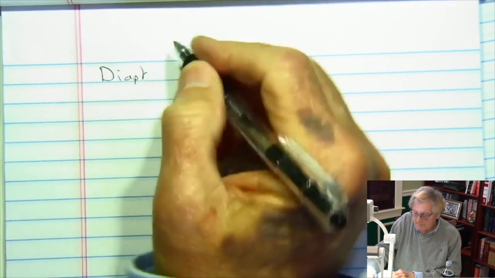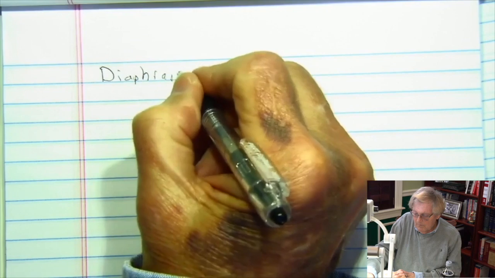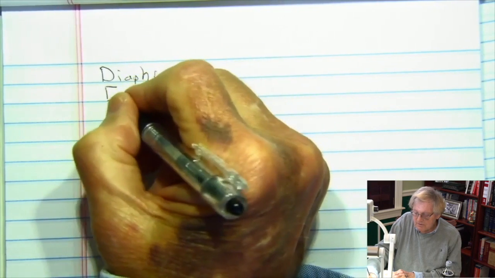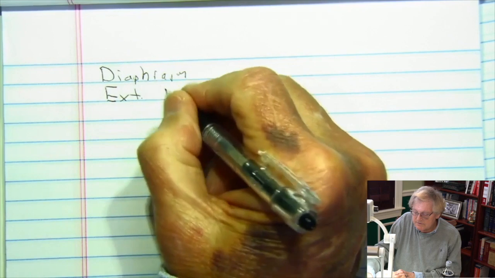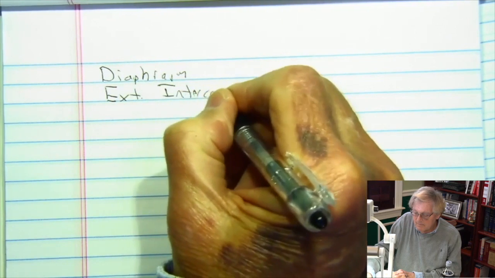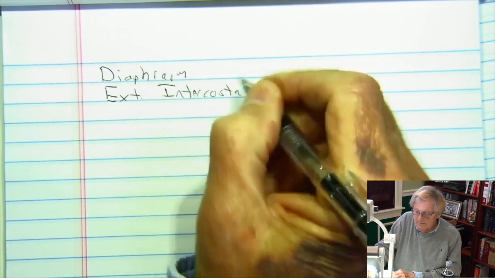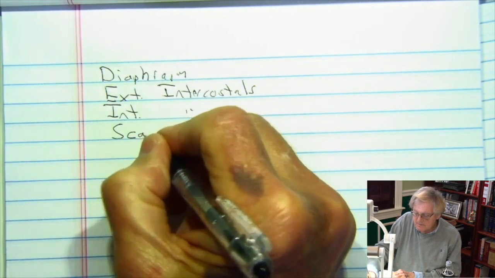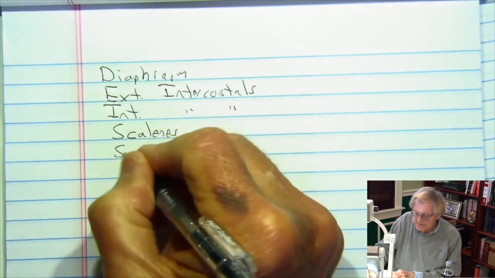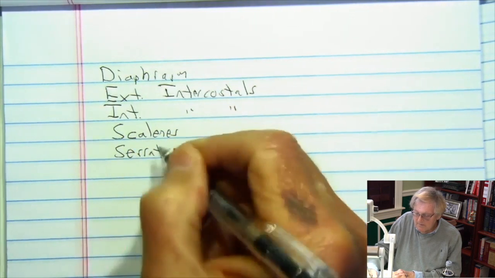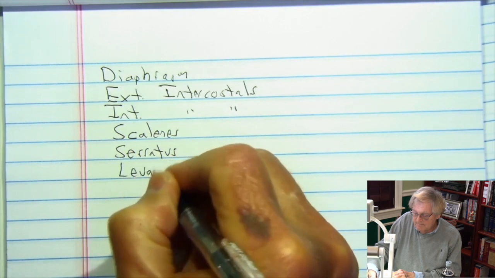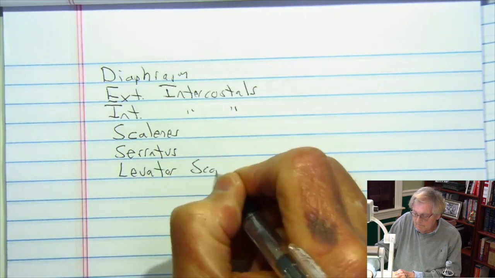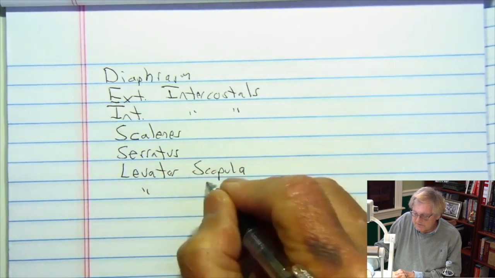Remember, that's going to be the diaphragm, then the external intercostals, then the internal intercostals, then the scalenes, and the serratus, and the levator scapula, and the levator costarum.